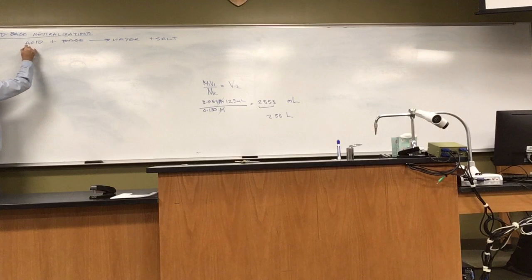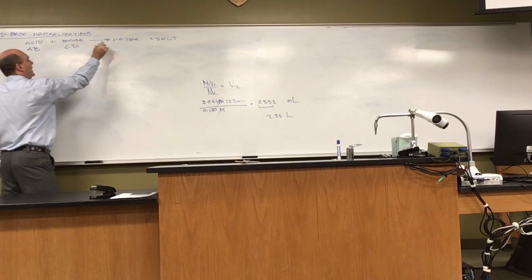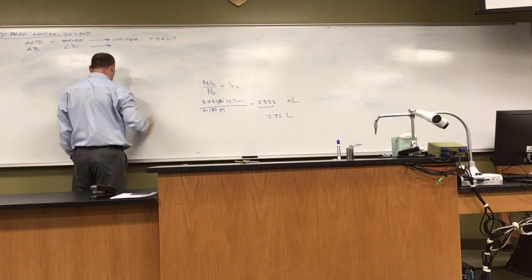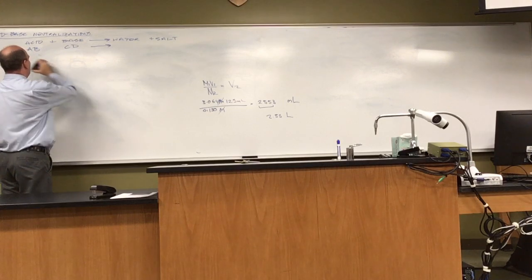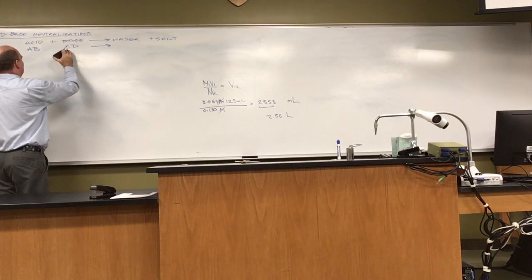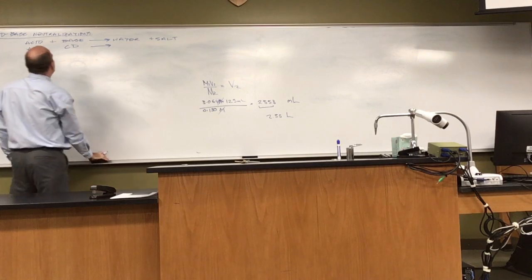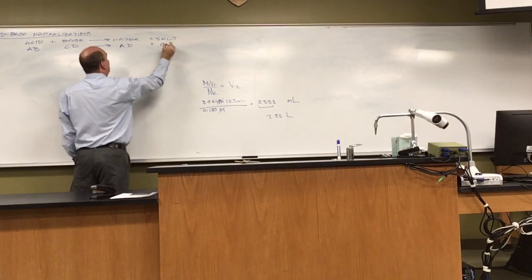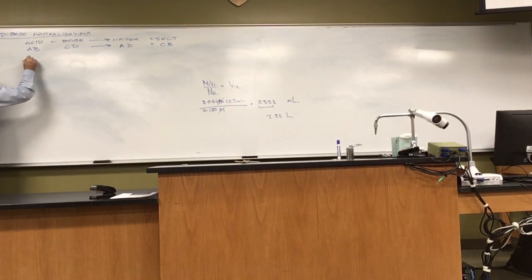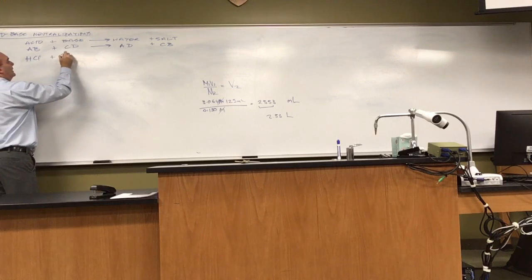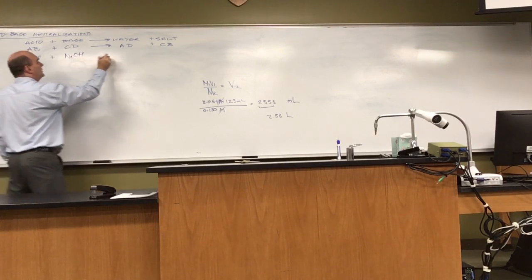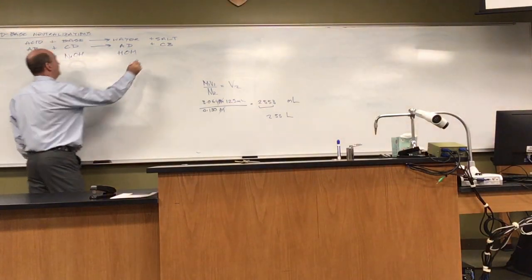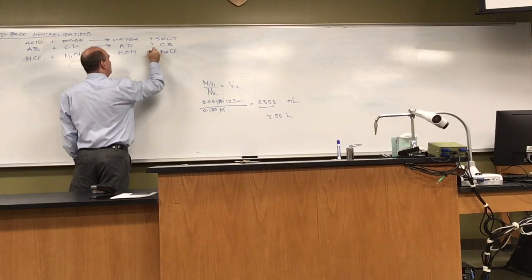Where you take the front end of one of these and you switch it around. Oh, these are double displacements. A plus B makes AB plus CD makes AD and CB, and if I write this right, HCl plus NaOH makes HOH, there's your water, and NaCl.